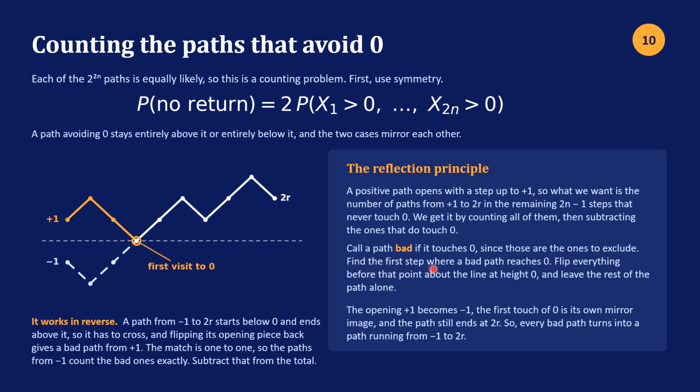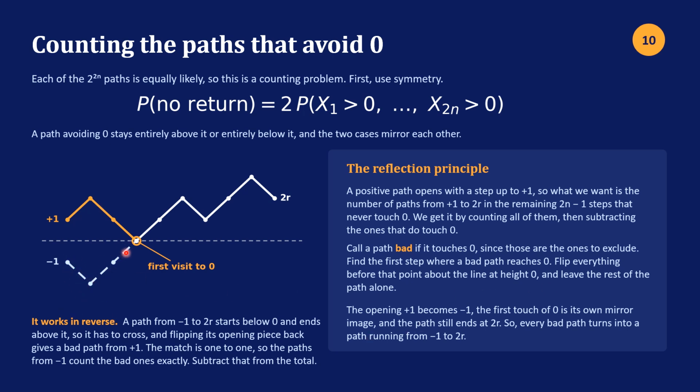Find the first step where a bad path reaches 0. So, for example, I have this here as a bad path that I'm outlining. So this is where it first hits 0. Flip everything before that point about the line at height 0, in other words, this line here. So we flip this down here, the dashed line, and leave the rest of the path alone.